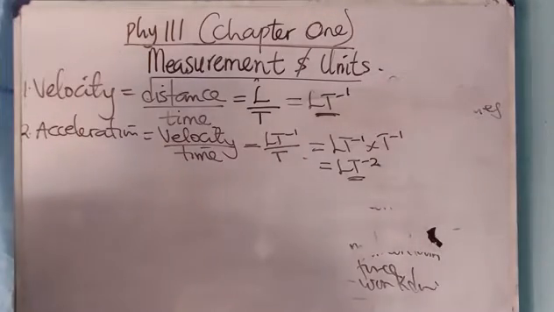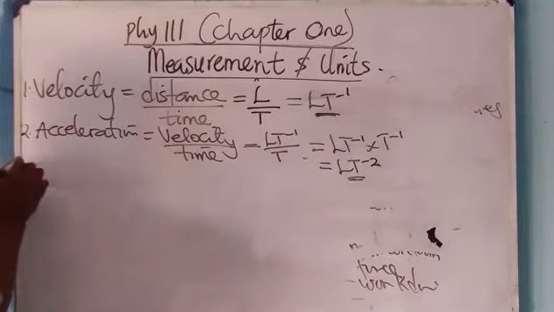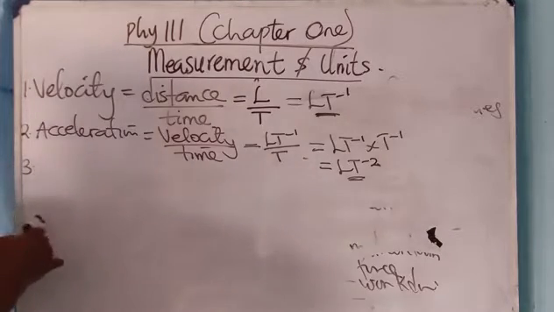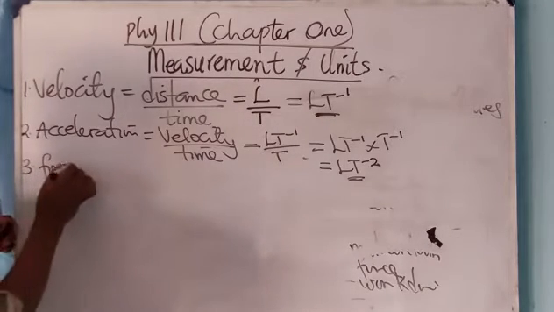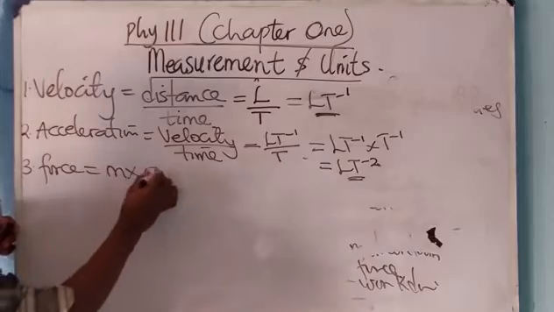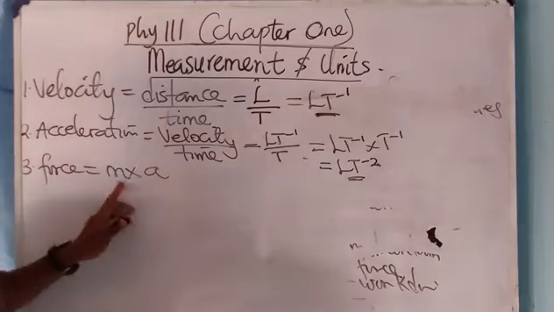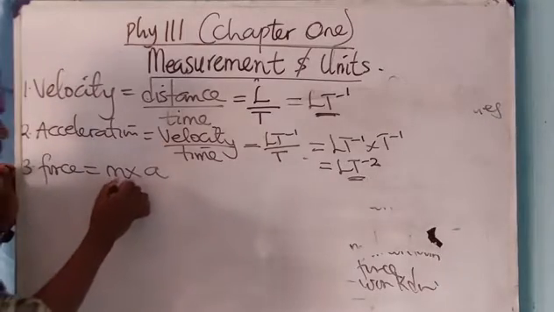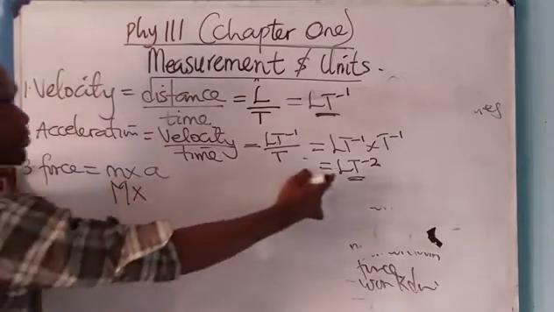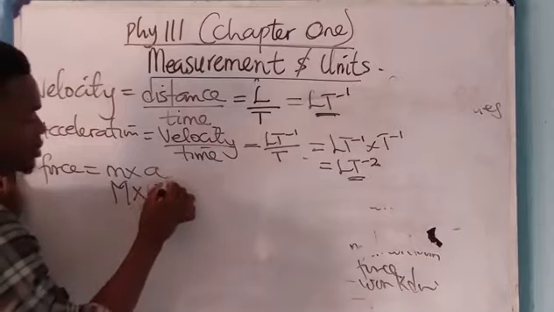Now the next one we are going to be deducing is force. I think I will have to unseal this new marker. Force is mass times acceleration. Mass is big letter M. Acceleration is LT minus 2.